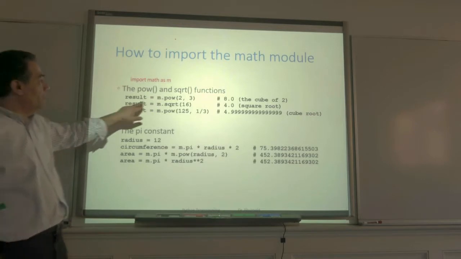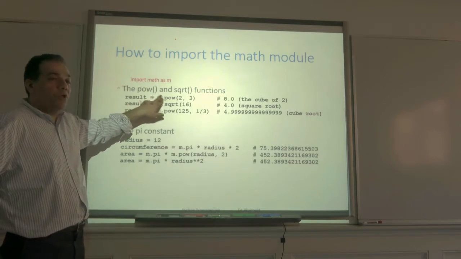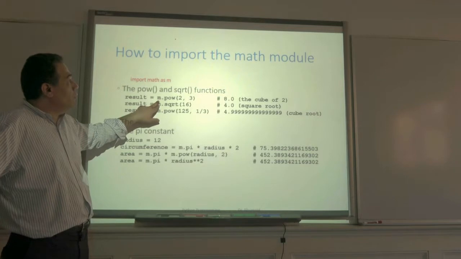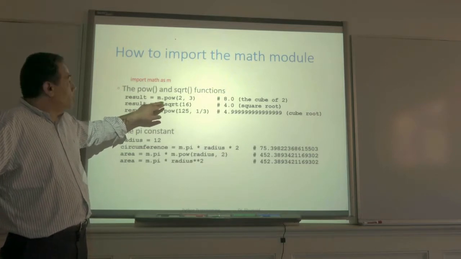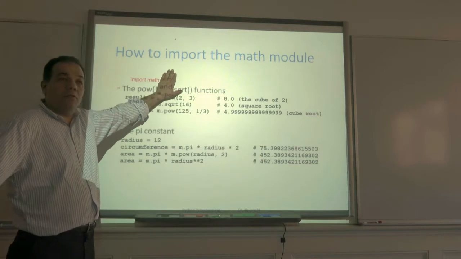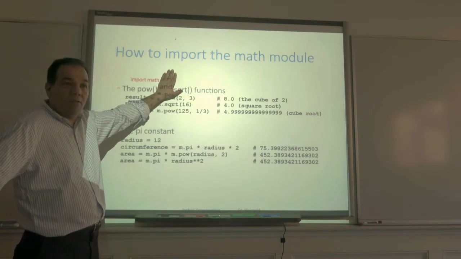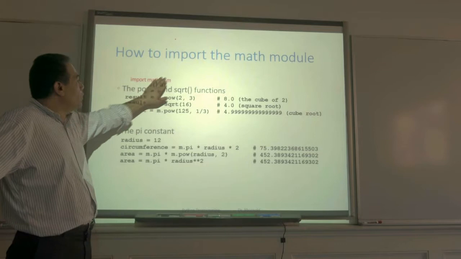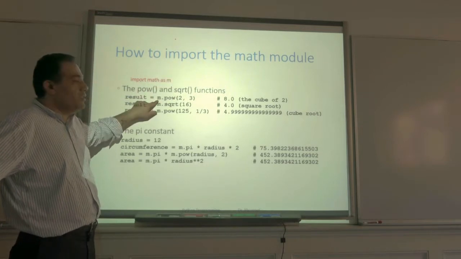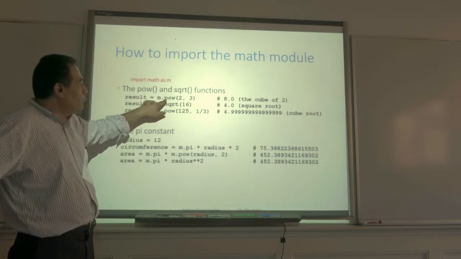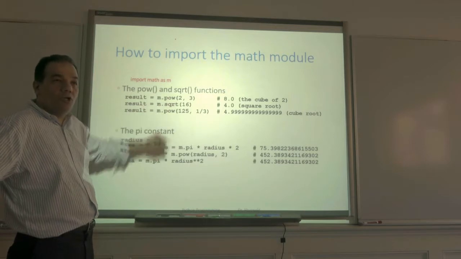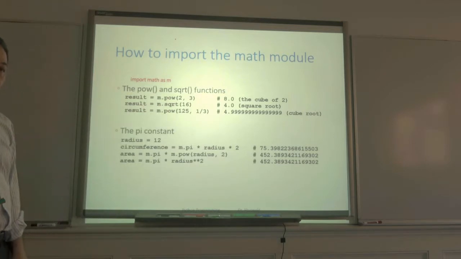So for example, remember that when you import, first of all, let's take a look at the import. You could say import math. So every time you call a function from the math module, you have to write math dot power, math dot square root, for example, right?